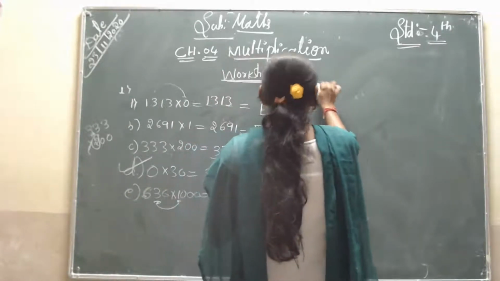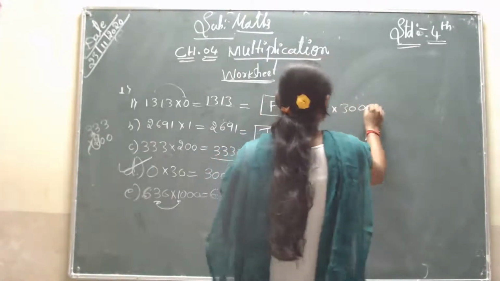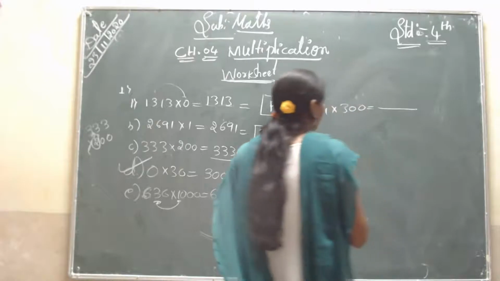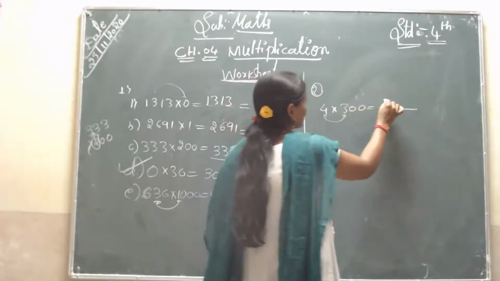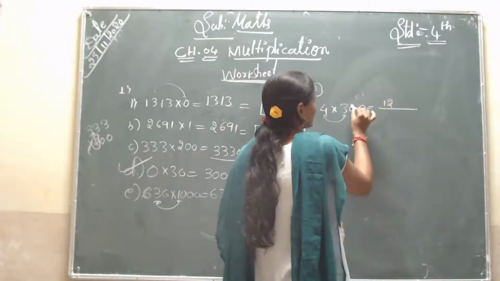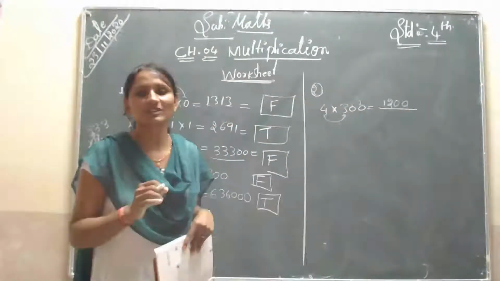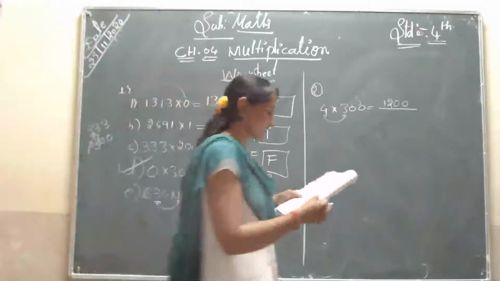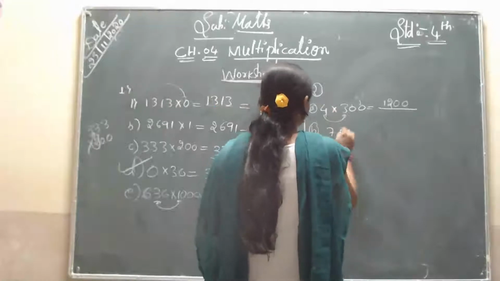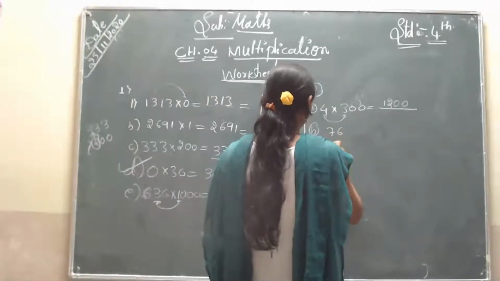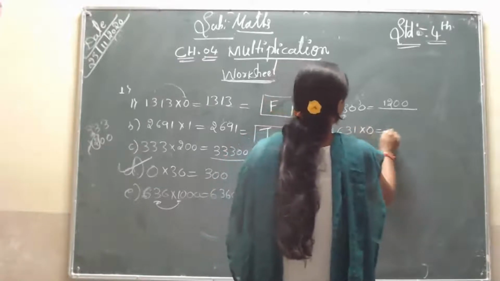Fill in the blanks. The first one is 4 into 300. What is the result? You know that first you have to multiply these two numbers. 4 into 3 is 12. So how many? 1,200. So the result will be 1,200. Okay. Next, B. 1,331 into 0.